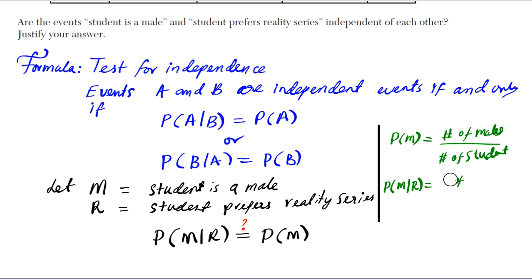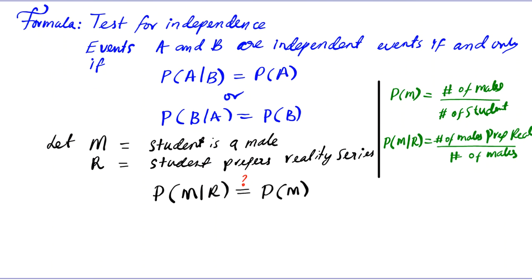So probability of male given reality series is the number of males that prefer reality series divided by the number of males. So these are the two probability setups that we're going to be looking at.